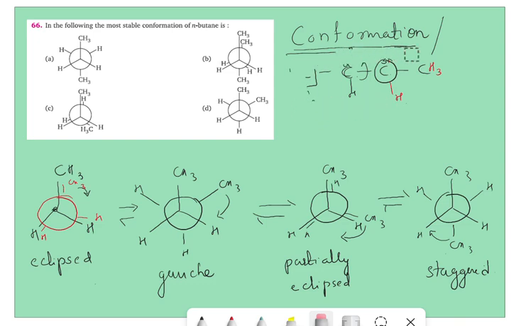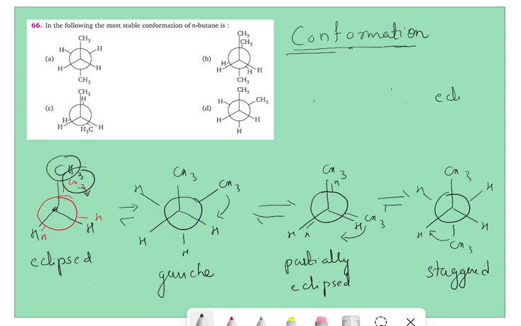Due to steric hindrance. What do you mean by steric hindrance? The repulsion. There is a competition for space for these groups to occupy. Say this methyl and this methyl want to be in the same space. Because of that, there is a hindrance between them, and hence it is least stable.